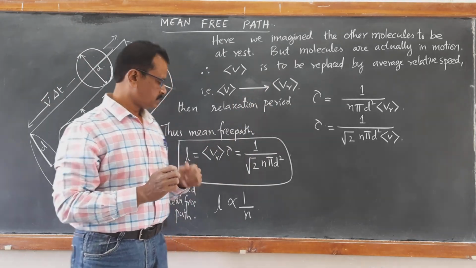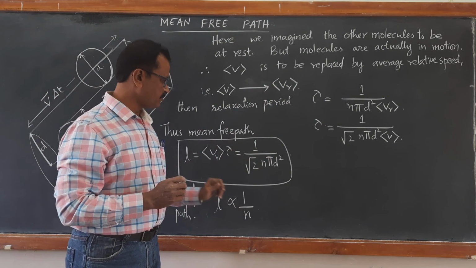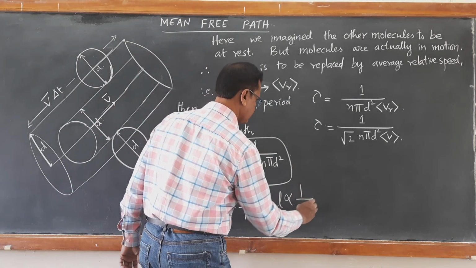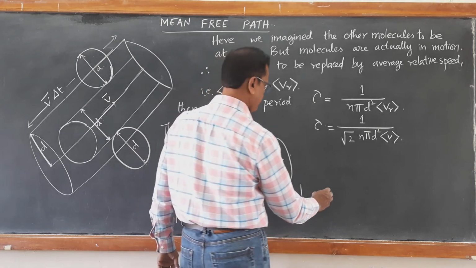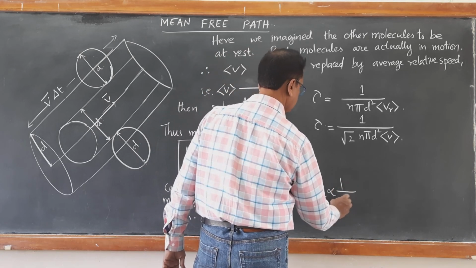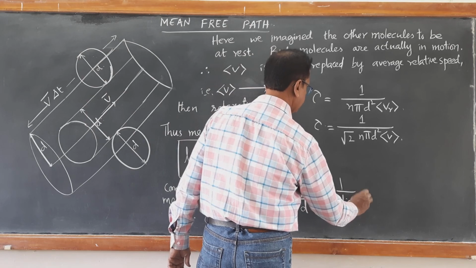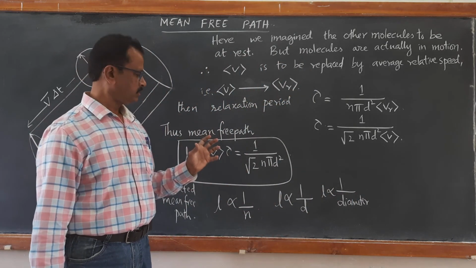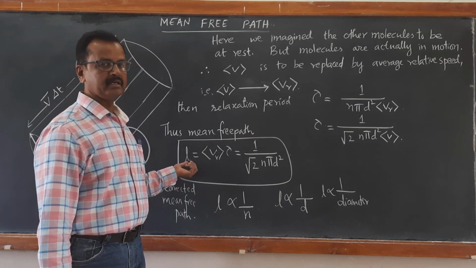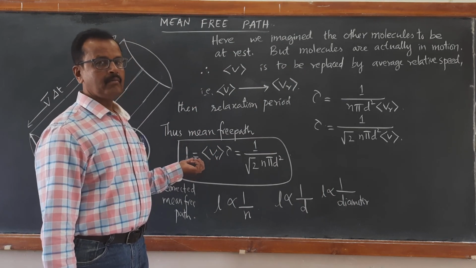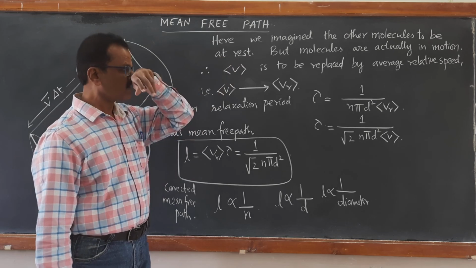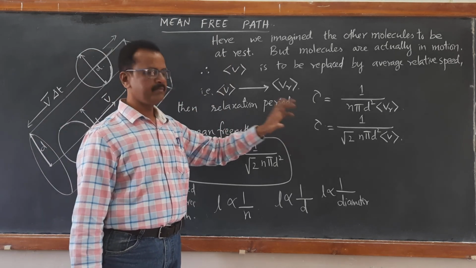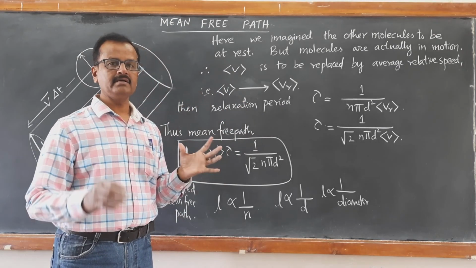L is inversely proportional to number density, and L is also inversely proportional to the diameter d of the molecule. Larger the size of the molecule, lesser is the mean free path, lesser is the time period, and more is the number of collisions occurring per second.